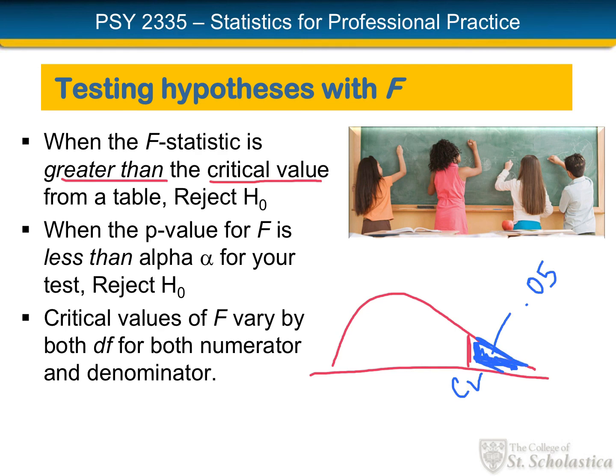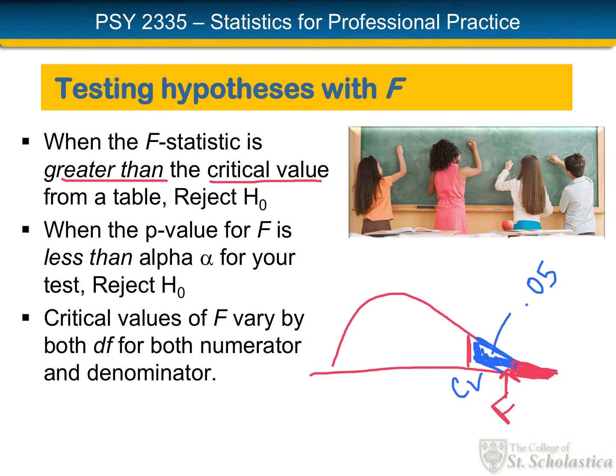So if the value that I actually compute turns out to be even greater than the critical value, if it came out, say, about here, you can see that I'm in the rejection region, and in fact, the p-value, which our statistical software will compute for it, the p-value is saying what's the area of the curve beyond my actual value of F, the one that I calculated.